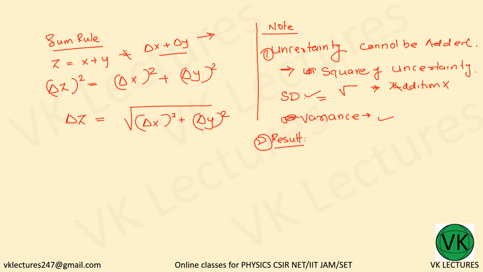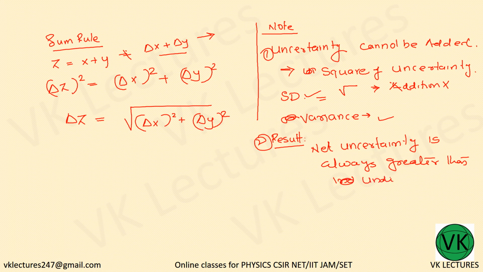The net uncertainty is always greater than the uncertainties of the individual quantities or independent parameters.